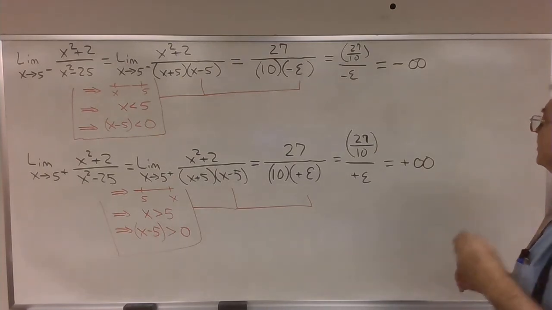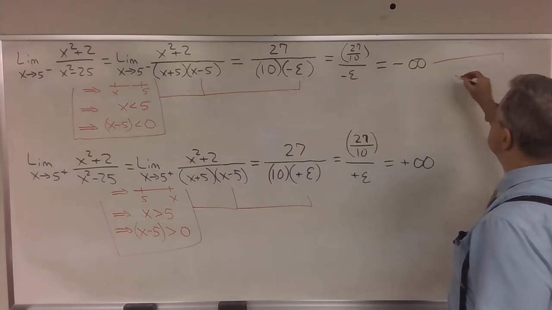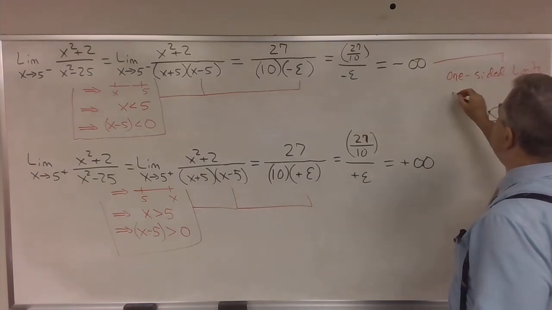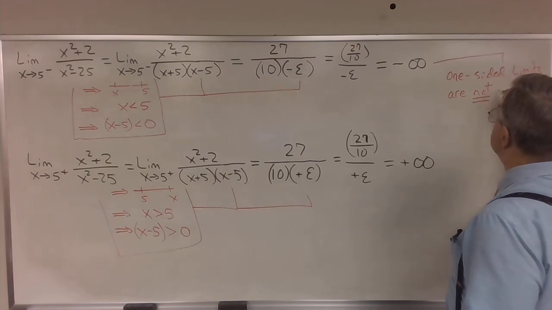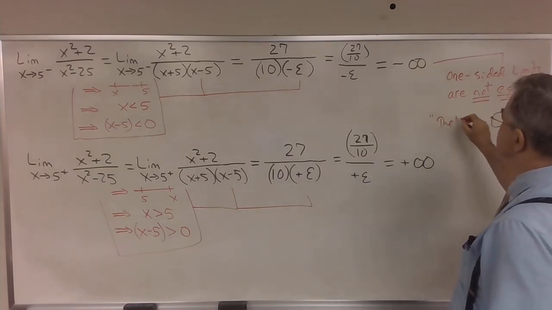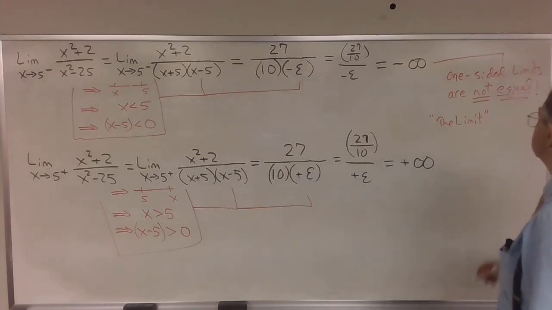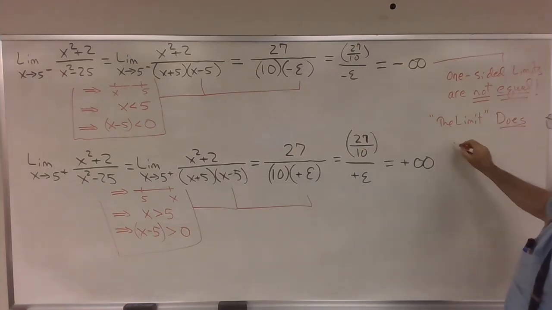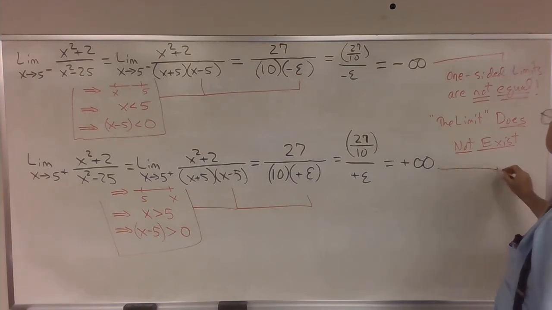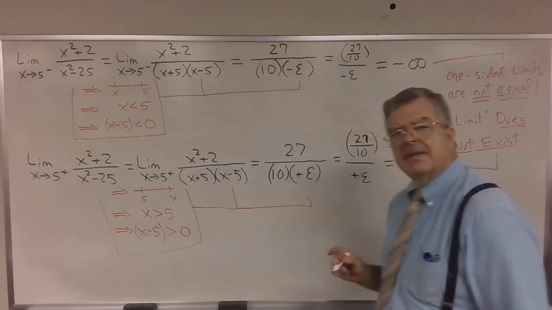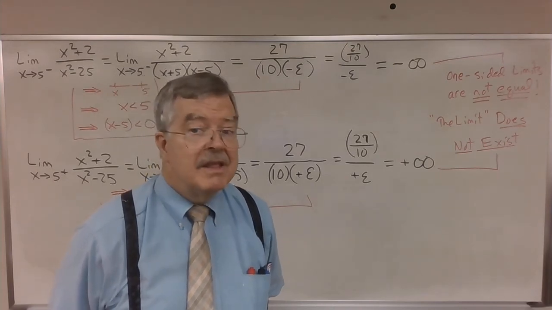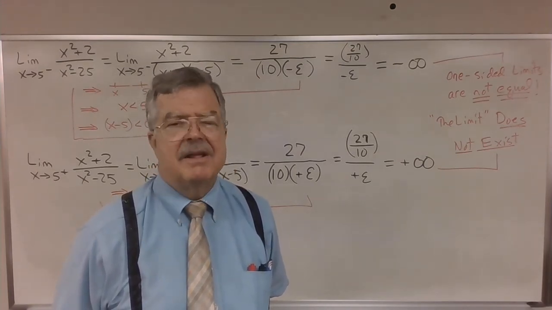So let me denote that up here first. The one-sided limits aren't equal, that means that, quote, the limit, end quote, does not exist.